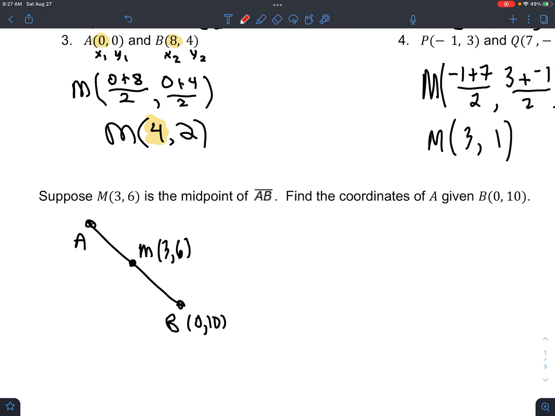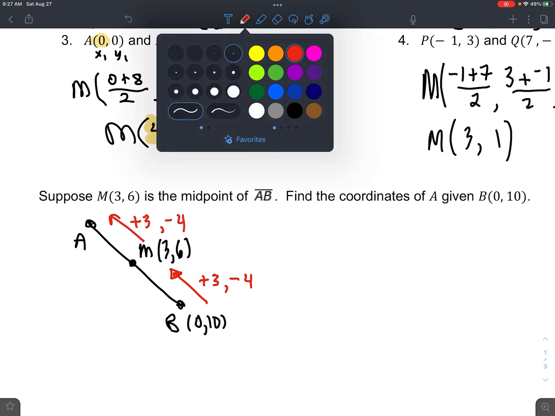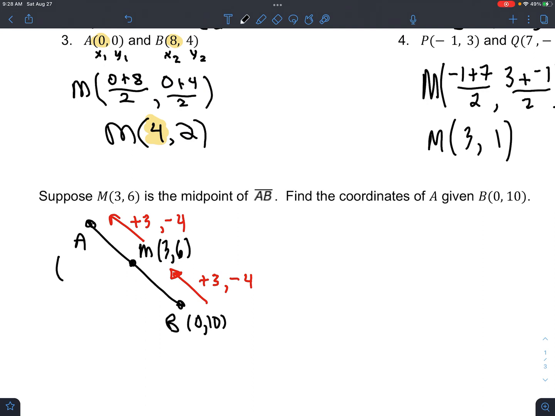And when you have a picture like this, I just like to do this. You're going to add 3 and subtract 4 in the direction of that arrow. And because it's in the middle, you do the same thing because the two parts are the same. So all you've got to do is add 3 to the x and subtract 4 from the y. So the answer for A would be 6, 2.